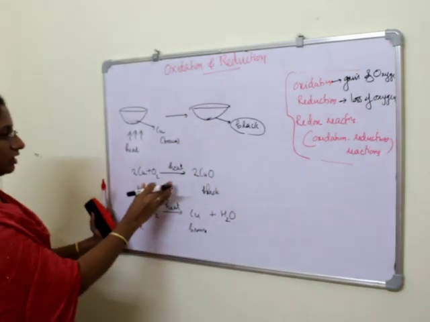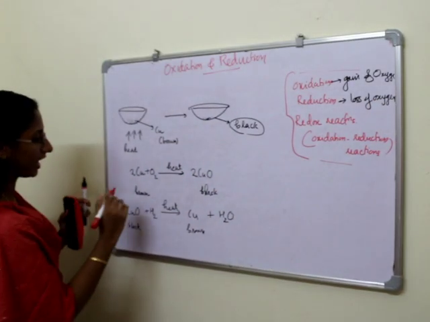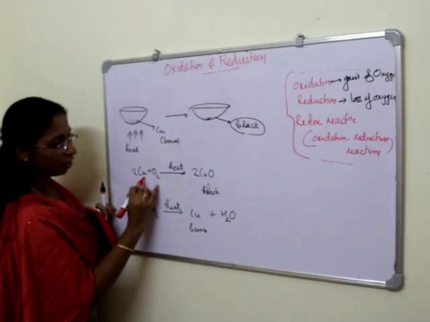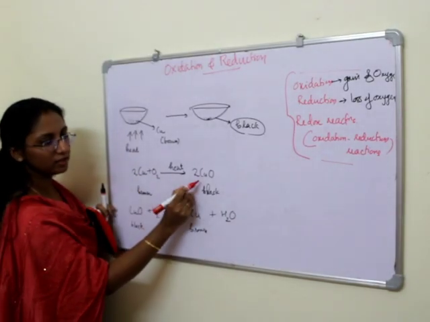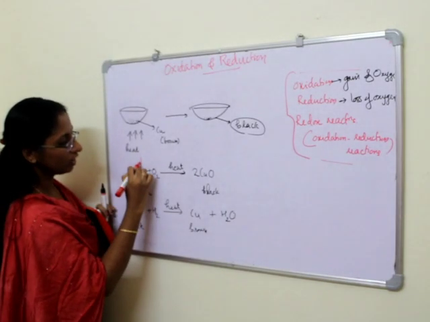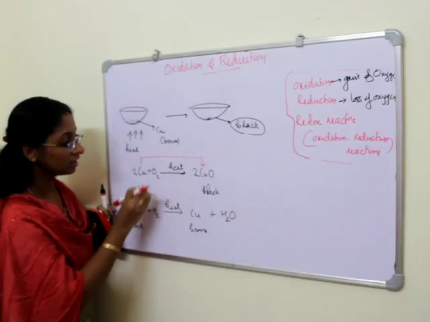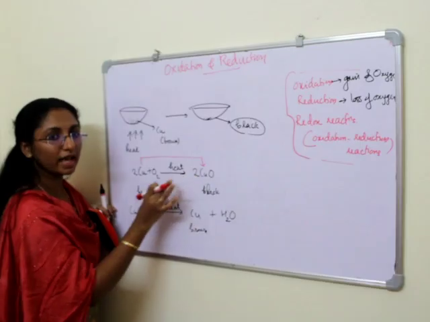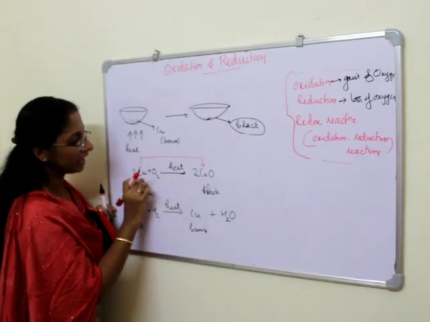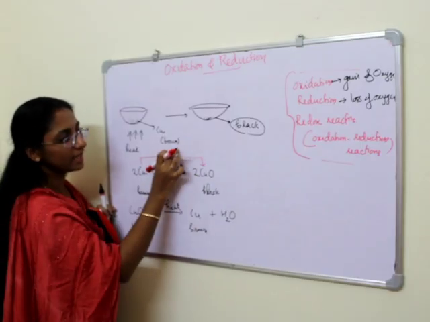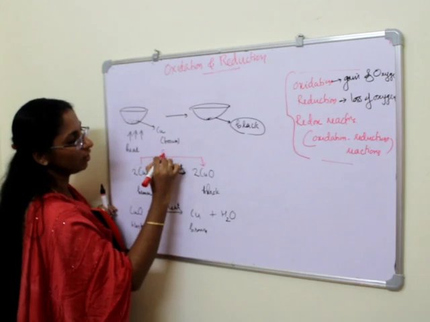So when we observe this first reaction, copper reacts with oxygen to get copper oxide. So copper is getting oxidized. That means an oxygen atom is gained. So we can say that copper is oxidized to get copper oxide.